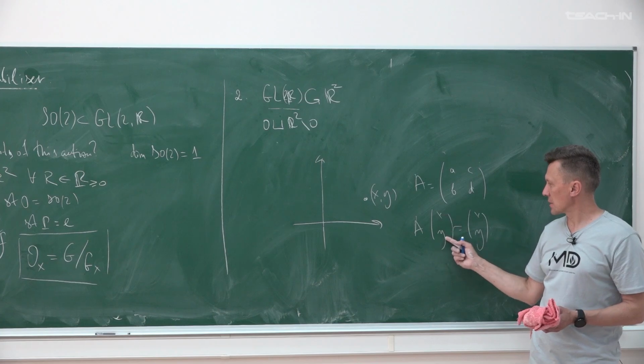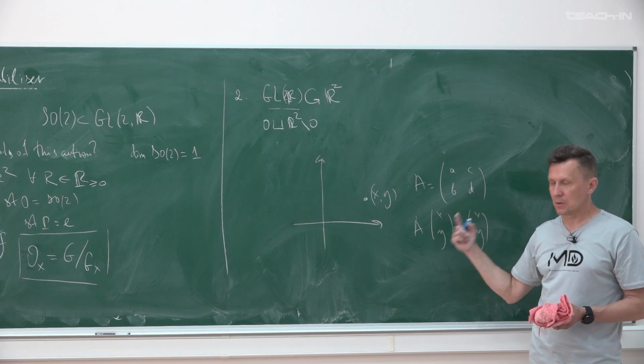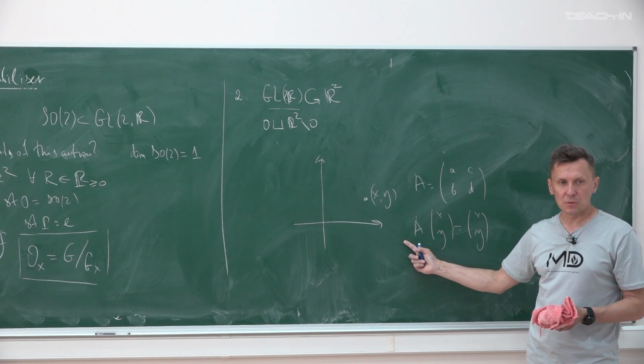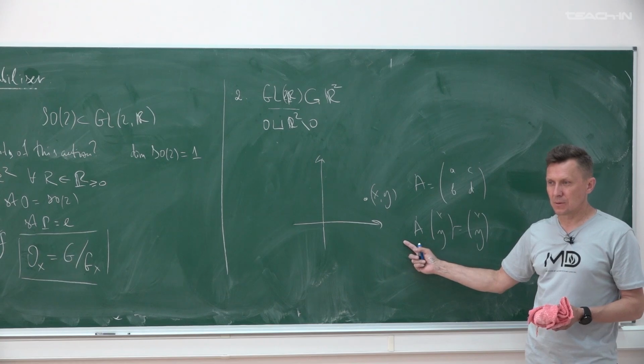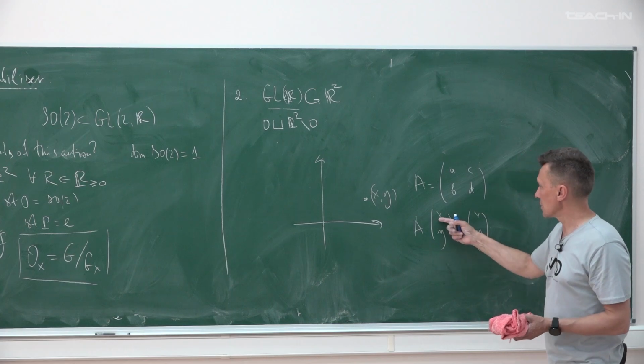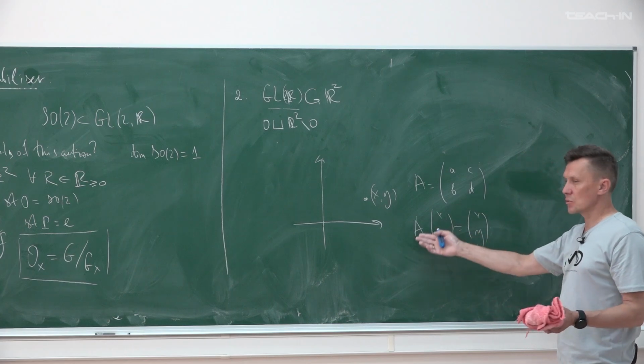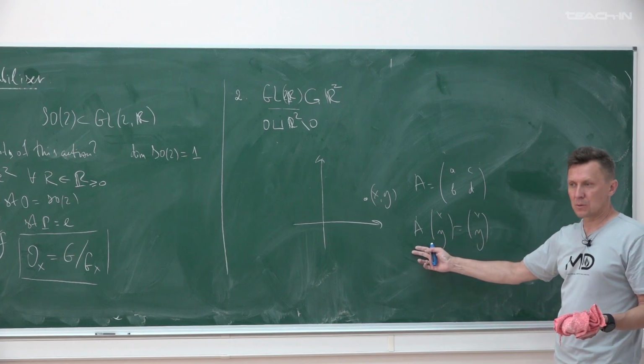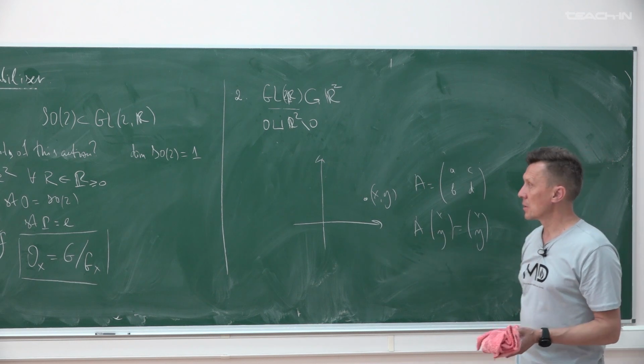And if (x, y) is the 0 point, it's the whole group. You see? But if it is not the 0 point, it's a two-dimensional subgroup.